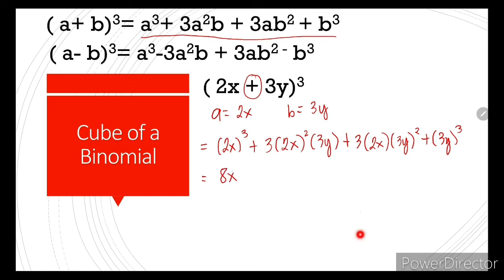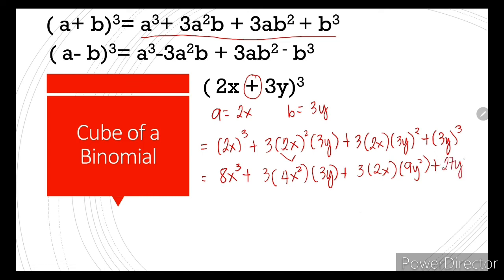So, 8x cube plus, ito muna, 3 times (2x) squared, which is 4x squared, times 3y plus 3 times 2x times (3y) squared, 3y times 3y is equal to 9y squared. So, 3 times 3 is equal to 9 times 3. So, we have 27y cube.